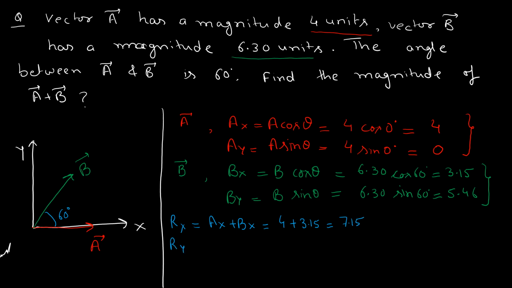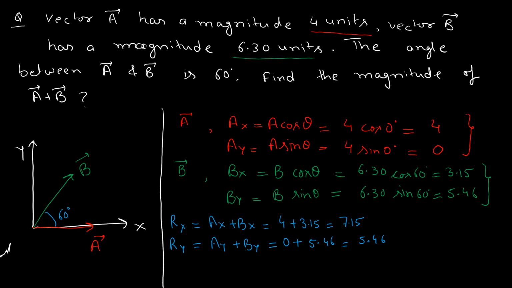The y component of the resultant will be the addition of the y components of the individual vectors, so that is 0 plus 5.46, which means 5.46.